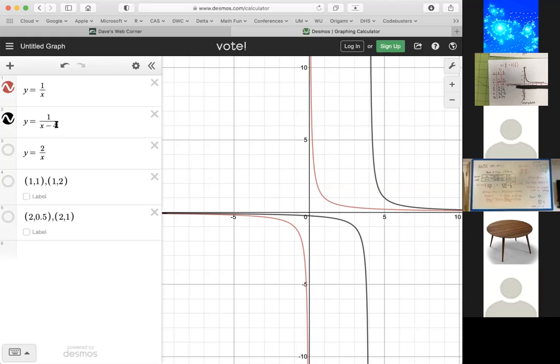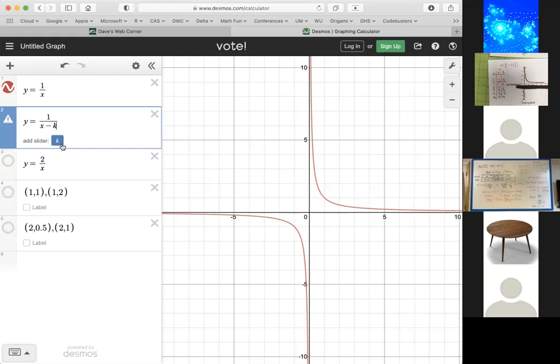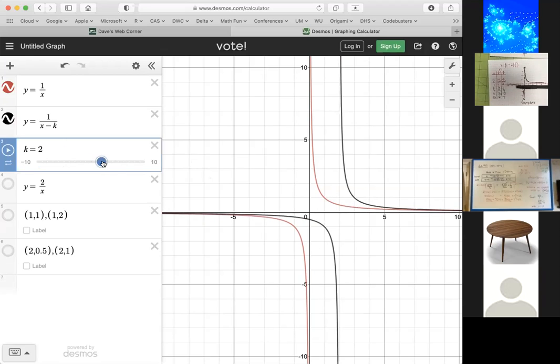In fact, if you want something really cool, just change that to a k. Desmos says, would you like to have a slider with that? I'll say, sure I do. And every time I change the k, I do what?